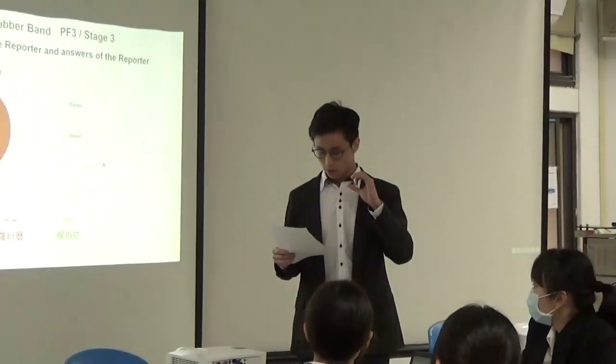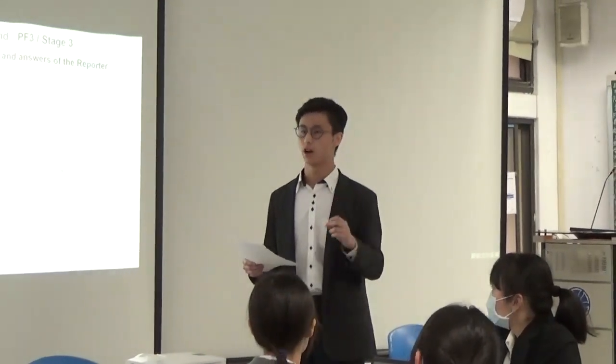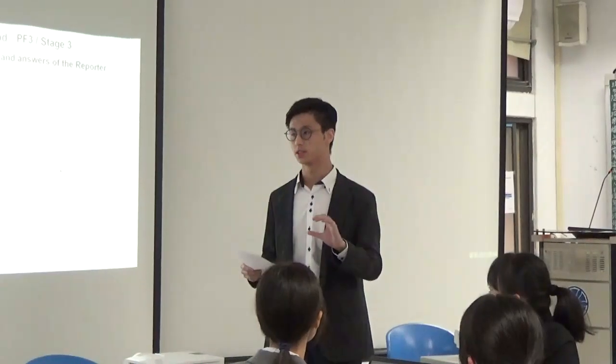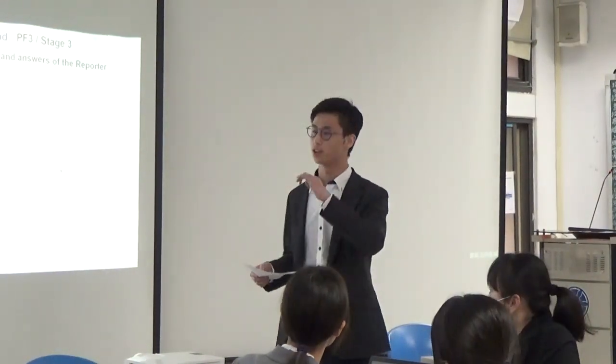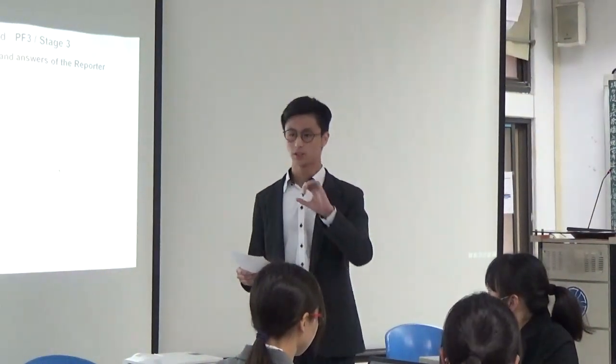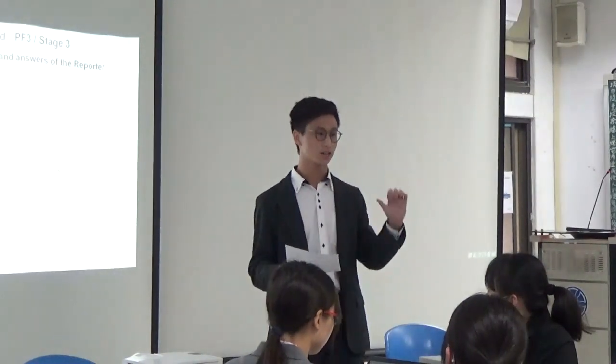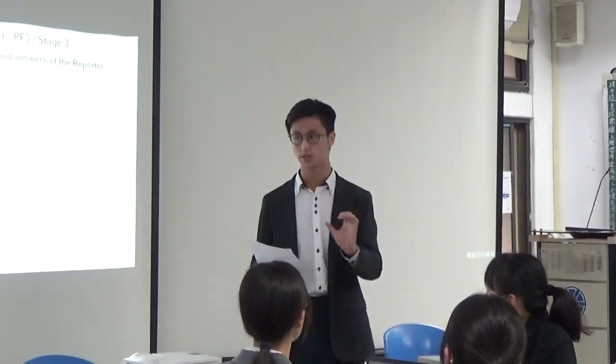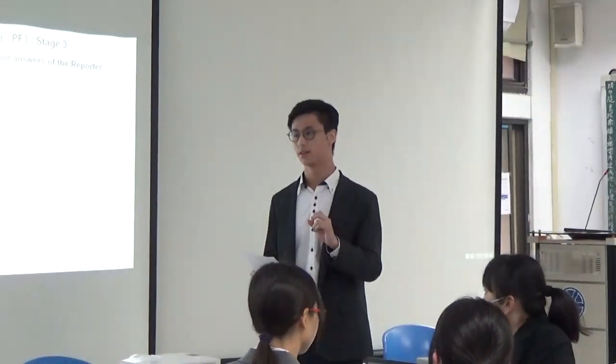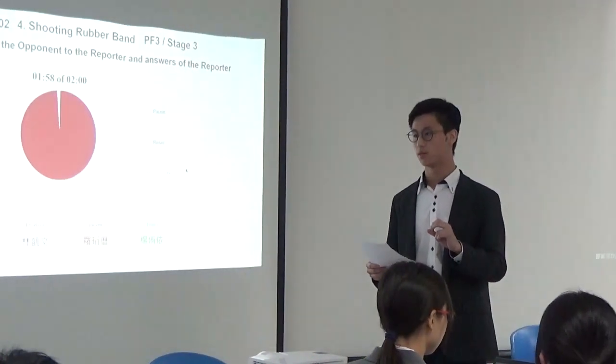Okay, so you mentioned the Magnus effect. Have you considered shooting it in a different direction? Since you mentioned that it can cause a trajectory, but if you shoot it in a vertical way, this trajectory can be transferred into a lift. So have you considered that? Yes, I have considered that, but we didn't do it. Okay. Right.